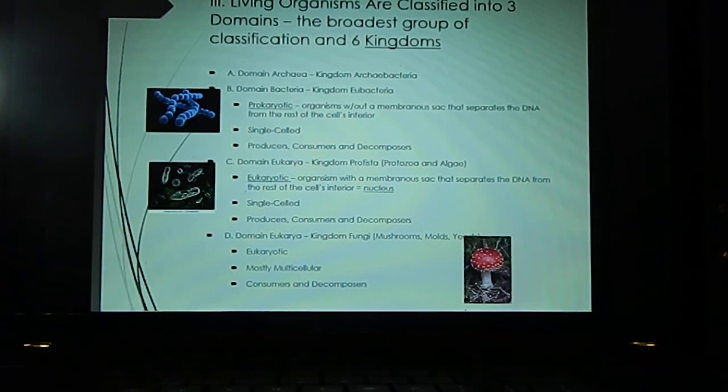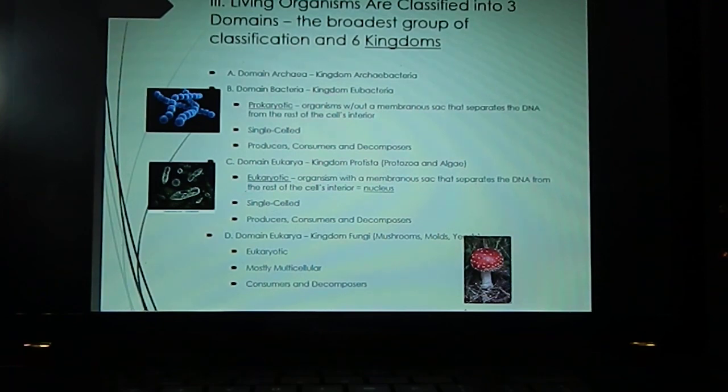The last domain is domain Eukarya, and it has several kingdoms underneath it. The first is kingdom Protista, and examples of these are protozoa and algae. In domain Eukarya, the cells are eukaryotic. Eu means true, like we talked about before. Karyote means the nucleus.